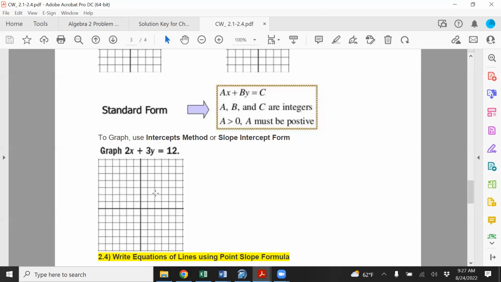If you want to plug 0 for y and solve for x, or plug in 0 for x and solve for y, it's the same. If you wanted to, you could do that.